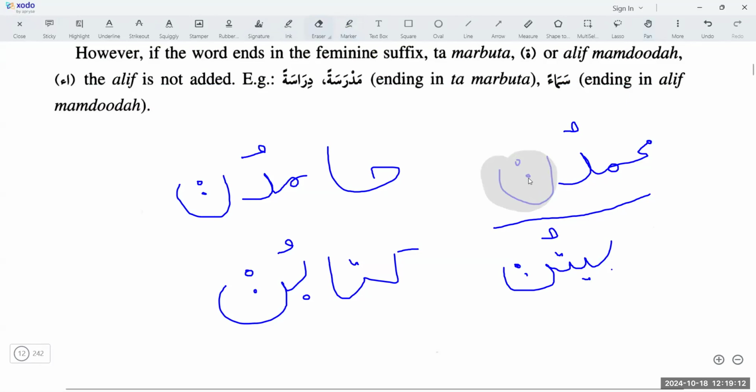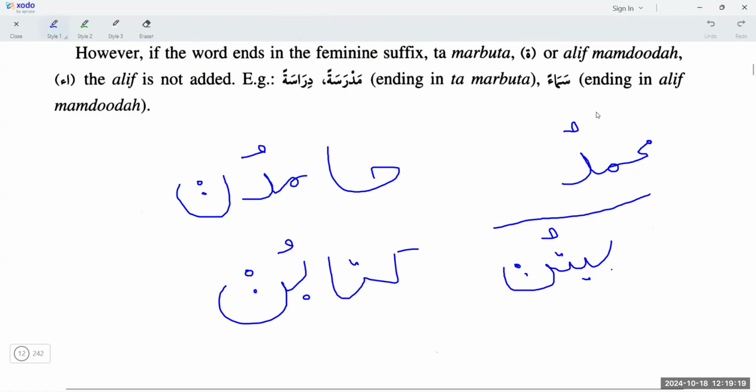Noon sakin, we delete from the noun and we double the vowel. When we double the vowel, this vowel indicates the noon sukun, the noon which we have deleted.